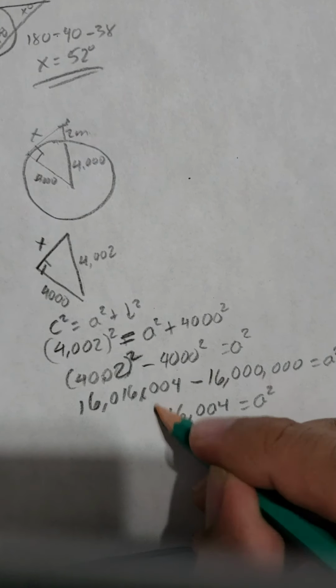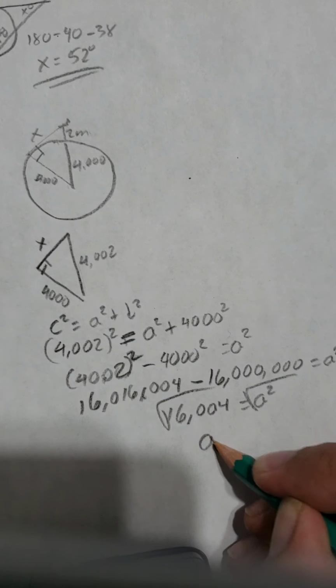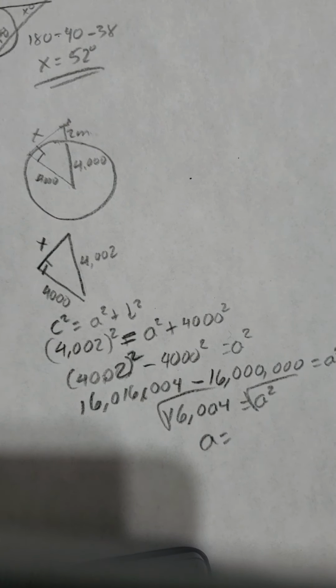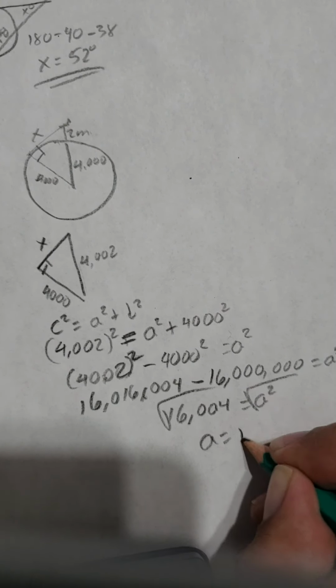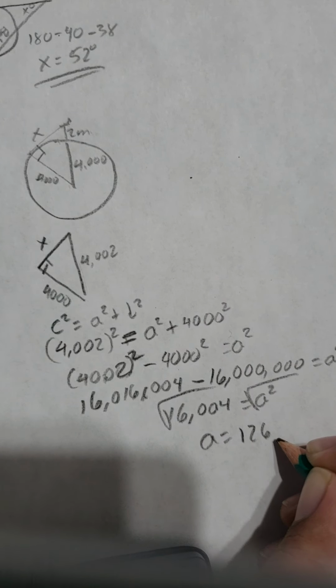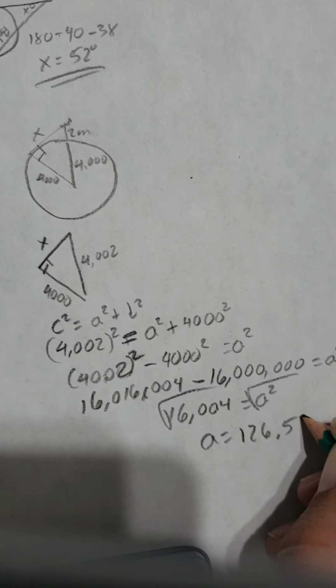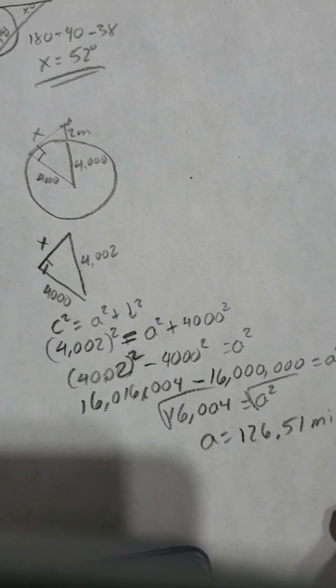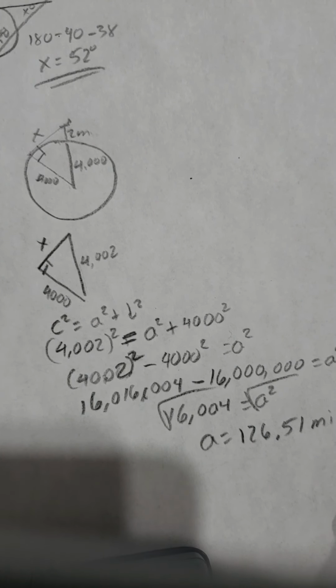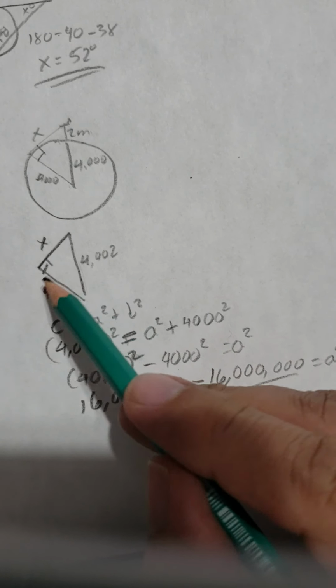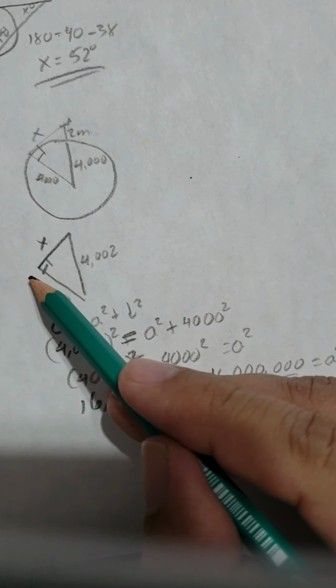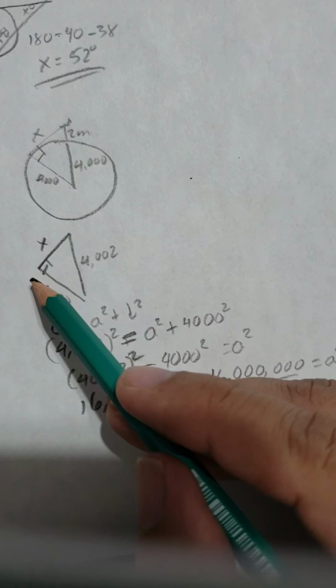Now the square root of this a will be 126.51 miles. That will be the distance going from the airplane to the horizon in this section.